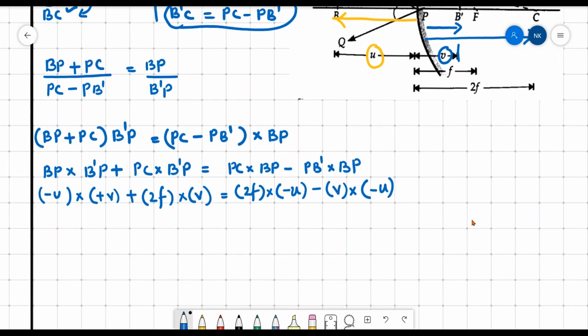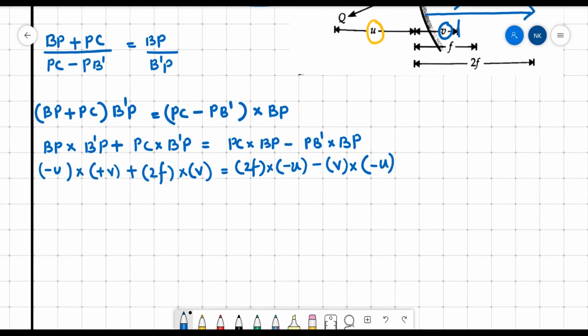All right, now let us solve this equation. So here this is going to be minus of uv. This will give the value as minus of uv, plus here this is going to be 2 times f into v, equals, here this is going to be minus of 2f into u. All right, and here this expression is going to be plus u into v. Okay, plus uv.